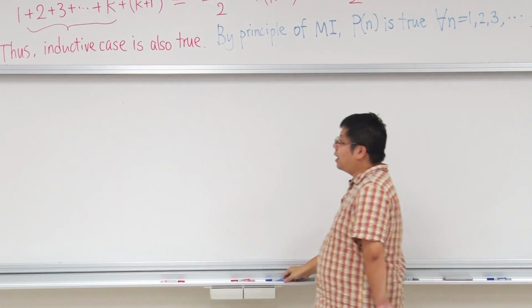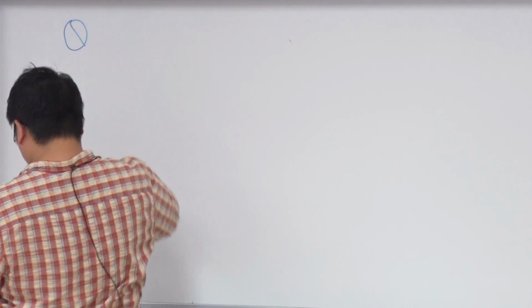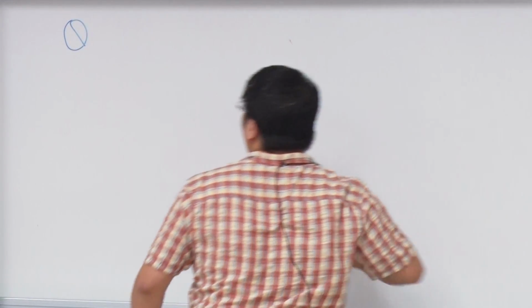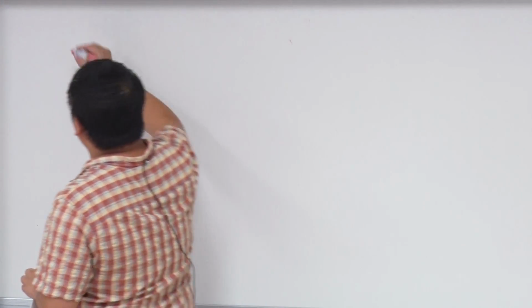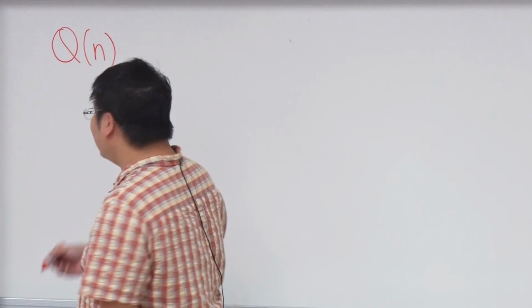So this time, let's try another statement. Let's try this one. We have a Qn, which is a statement about another thing.